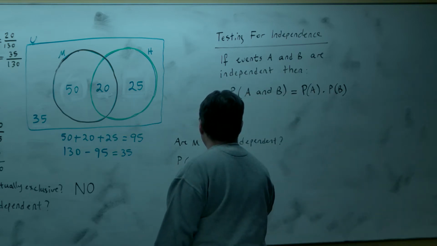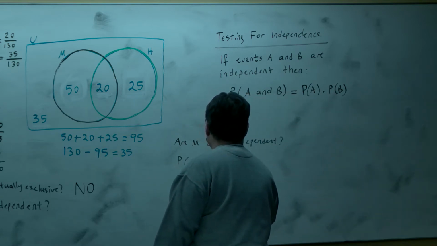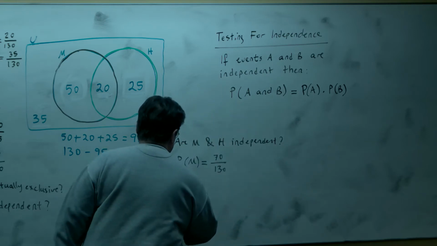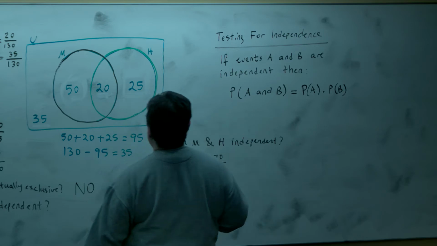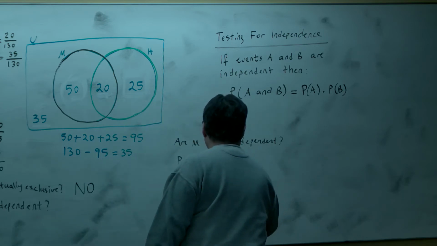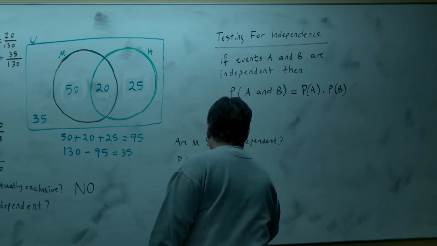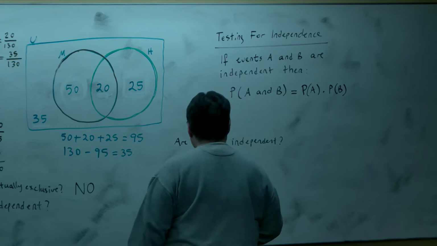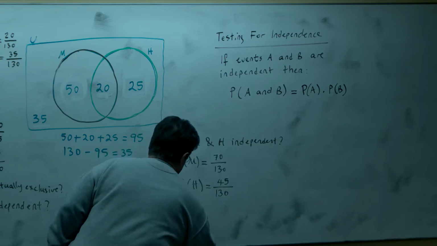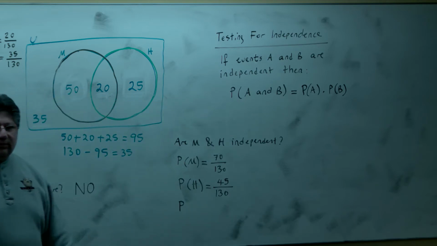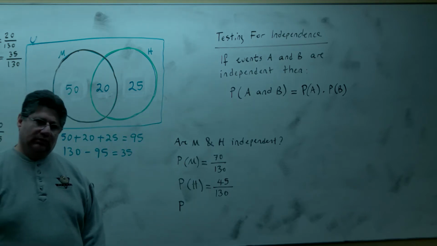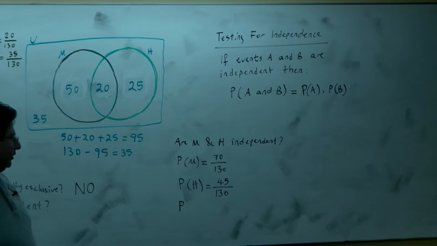Very good. What is the probability of taking history? 45 over 130. Very good. What is the probability of those two events happening at the same time? 20 over 130.